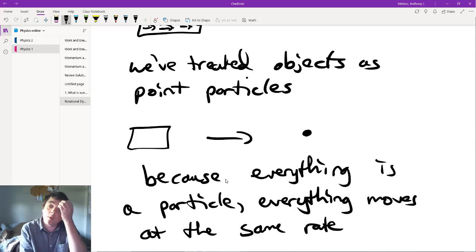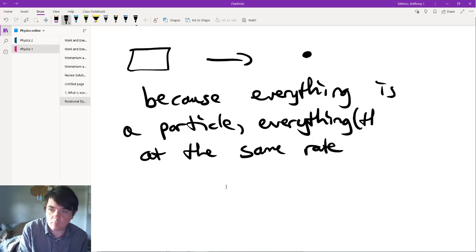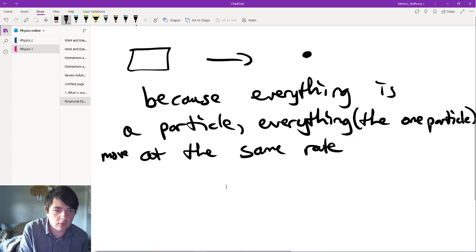This one particle is the only particle that exists within that object, so it has to move at the same rate as itself. Everything, which just is that one particle, moves at the same rate.